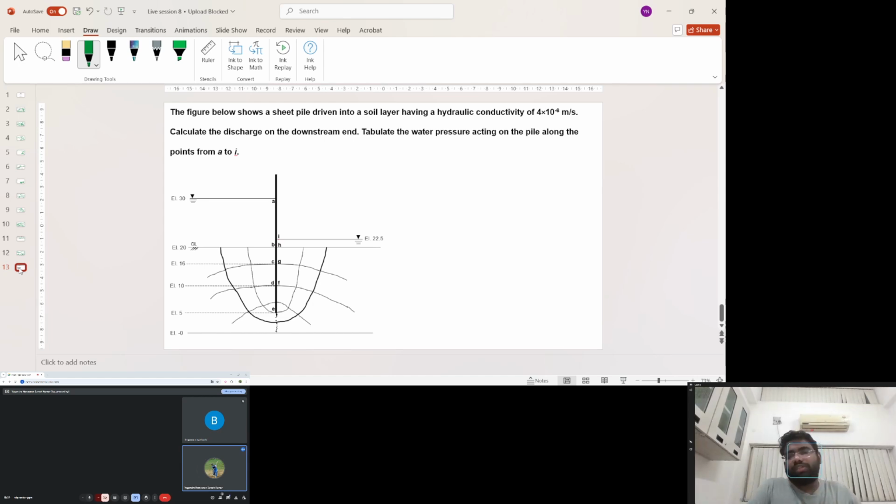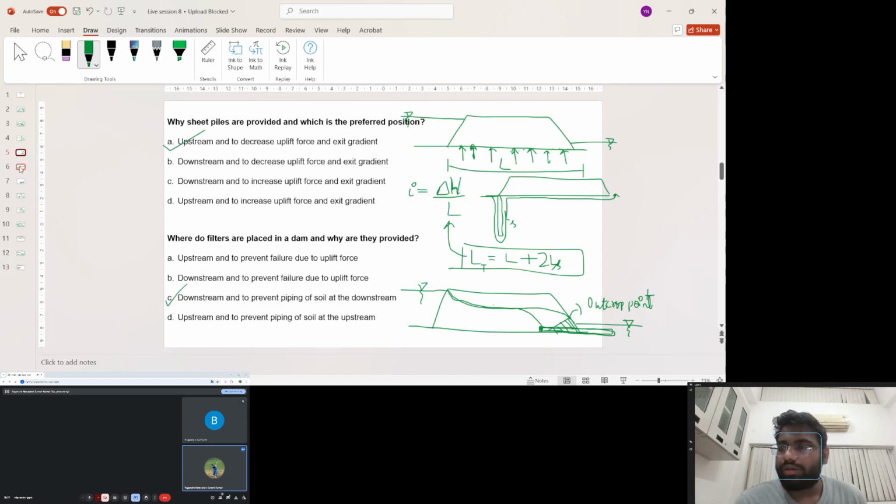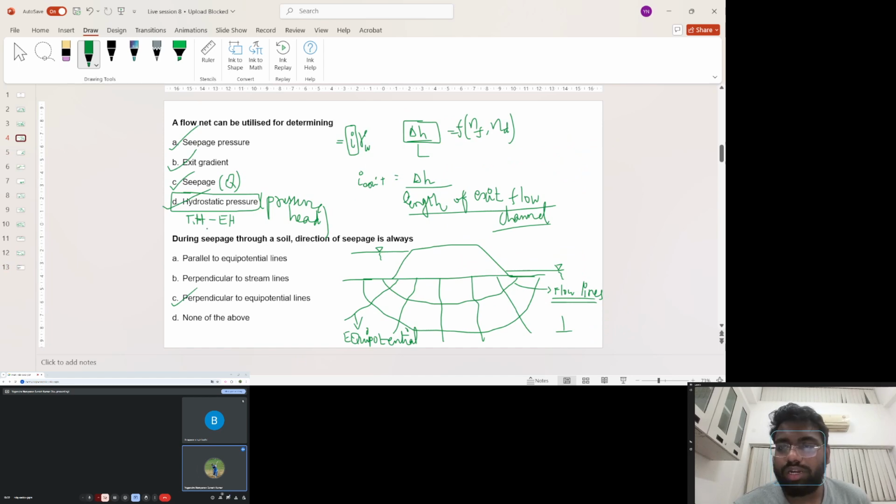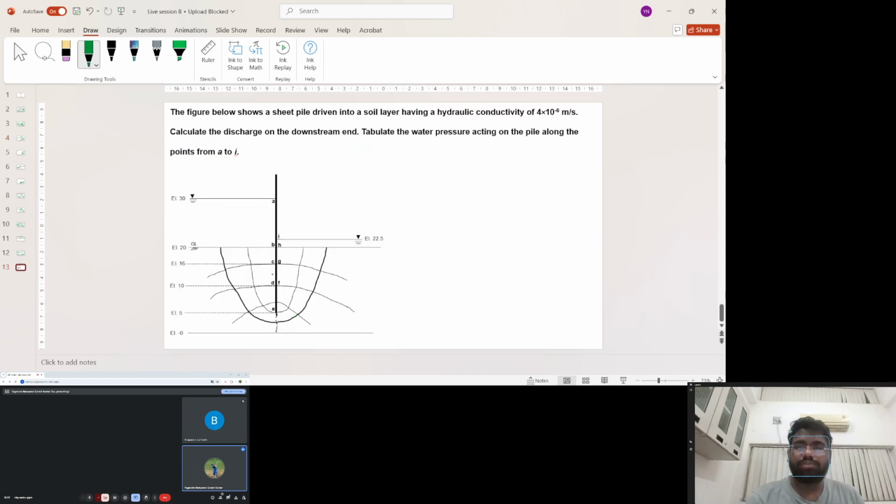So this is one of the practical applications where, in the previous question, I have discussed the usage of flow nets, right? So how to determine the pressure head or hydrostatic pressure along the flow path. So this question is one of the perfect examples to understand the concepts.